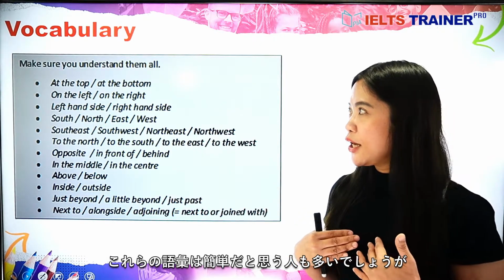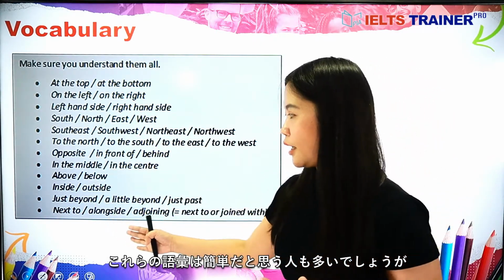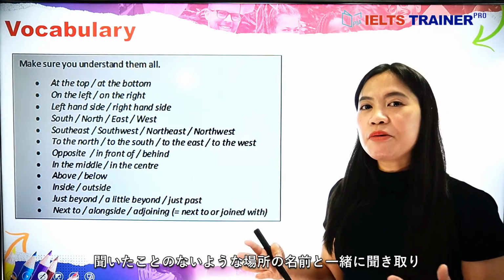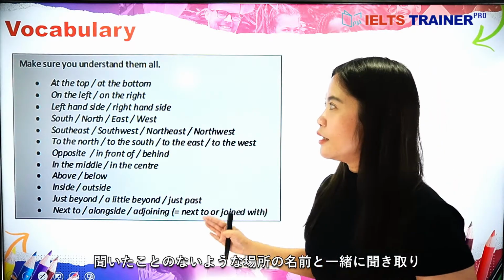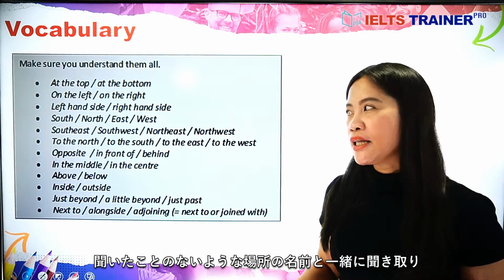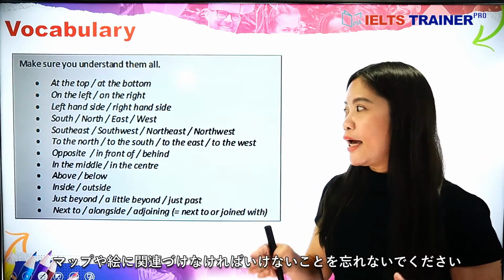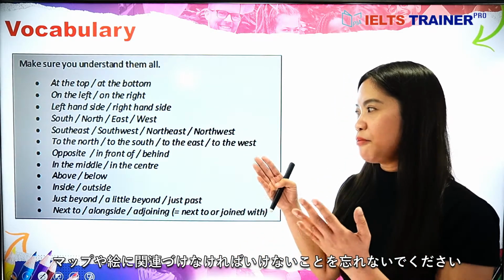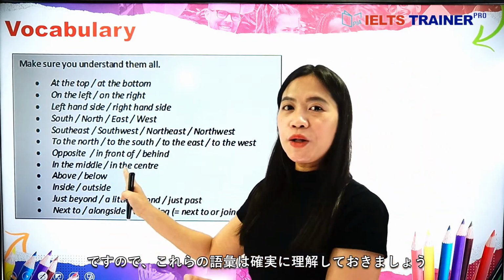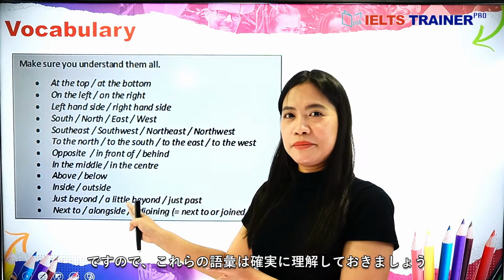I am sure you all know these vocabularies and you find them easy or a piece of cake. But remember that you are going to hear these vocabularies along with the names of locations that you haven't heard before and connect them with the map or the picture. So make sure you understand all these vocabularies.